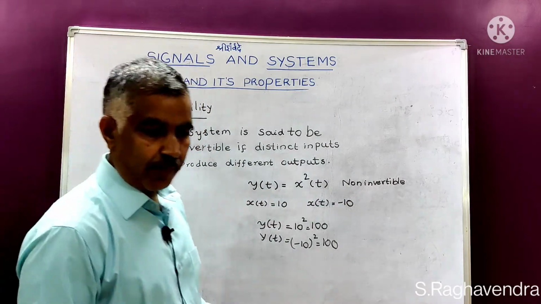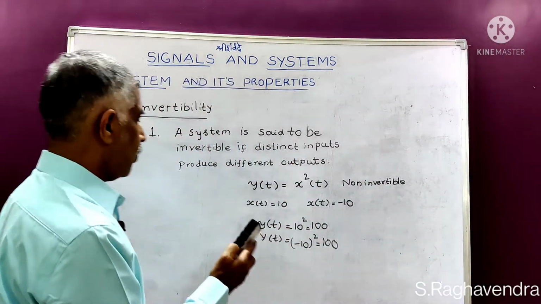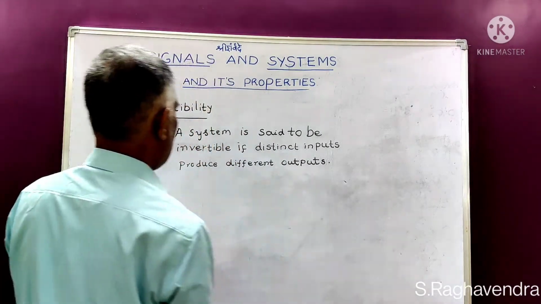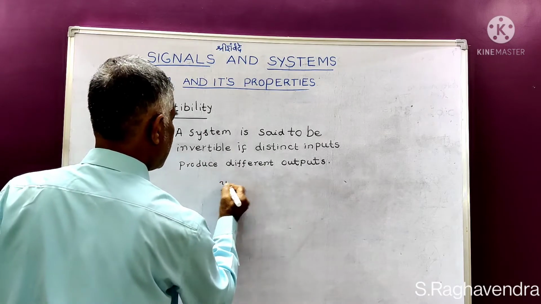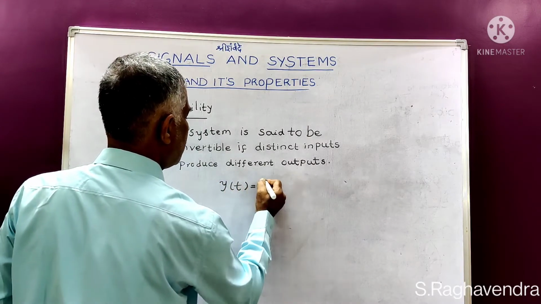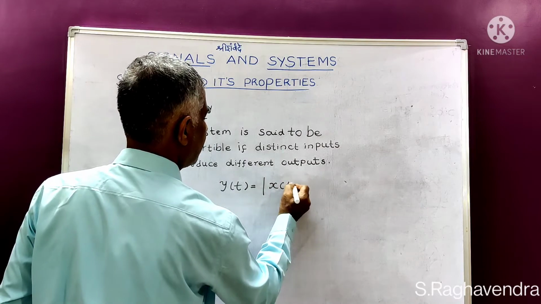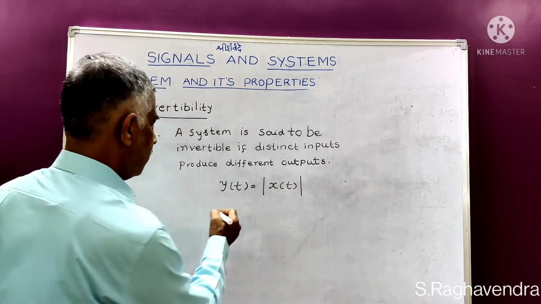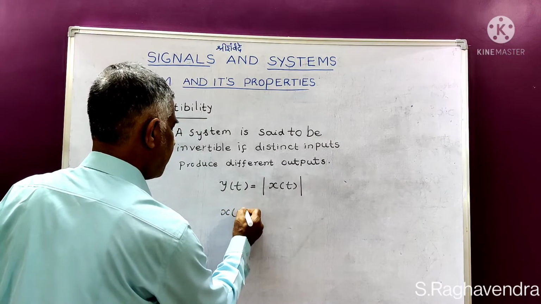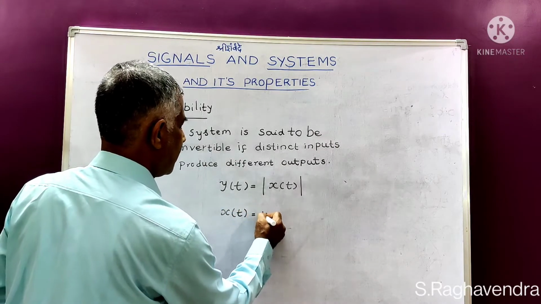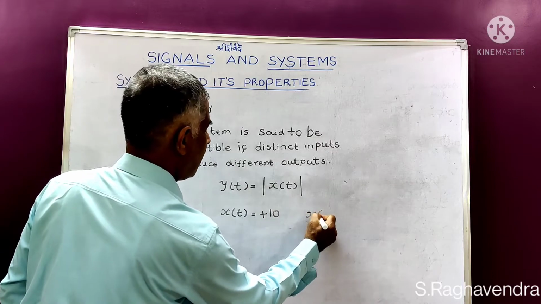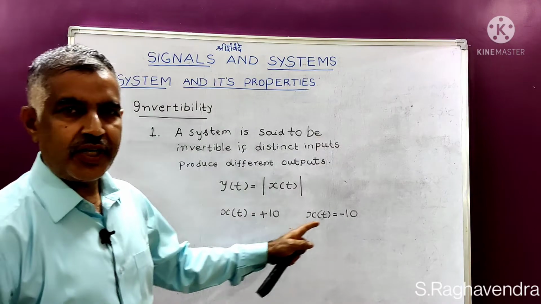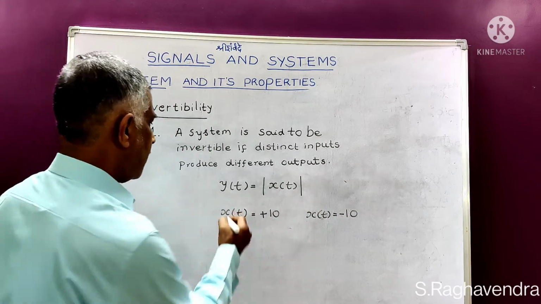I will give one more example. y of t equal to mod x of t. Now let us take x of t equal to plus 10 and x of t equal to minus 10. The inputs are distinct, but what about the output?